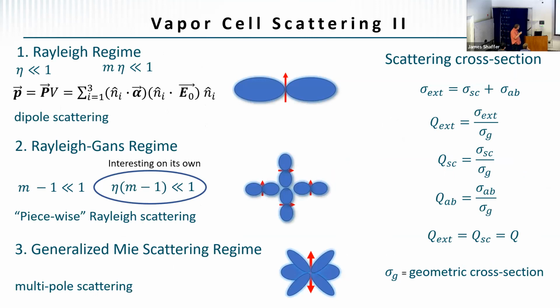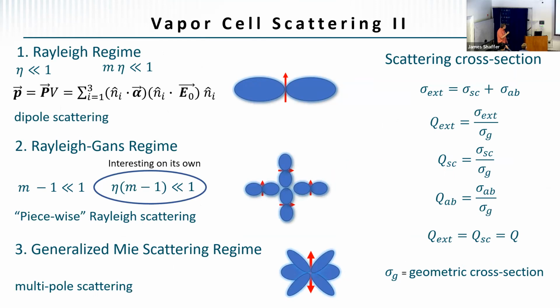So this kind of gives three different regimes that are important in this consideration. The first is the Rayleigh regime, which you probably know from your scattering theory in school, is that when the particle is very small, essentially, although we also have a criterion that, again, the phase shift across the particle is also supposed to be small.